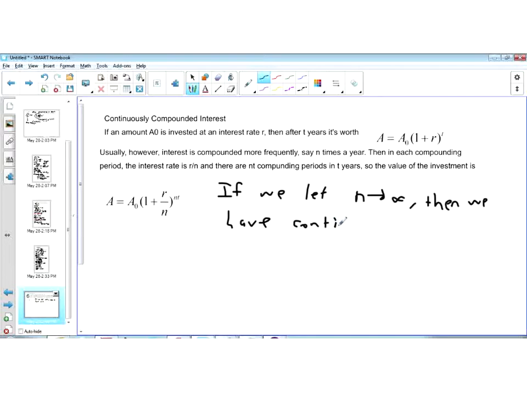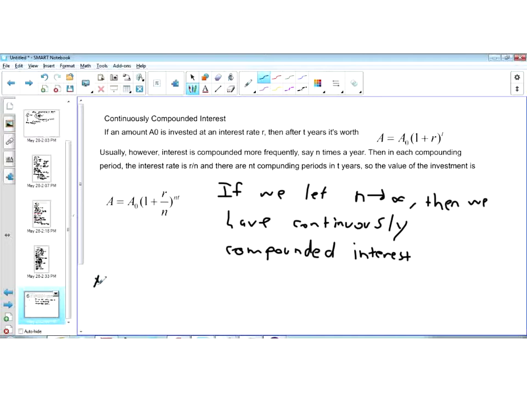Then we have continuously compounded interest. So the formula then becomes this.